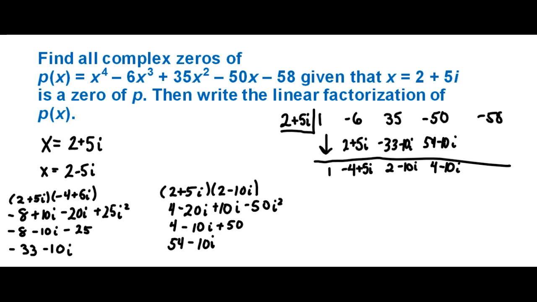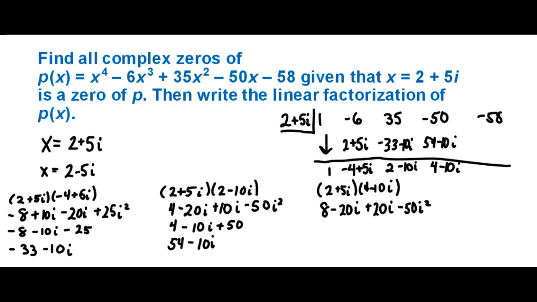And finally, I'm going to FOIL these, hopefully for the last time. 2 plus 5i and 4 minus 10i. I have 8. The outer is minus 20i. The inner is plus 20i. And then the last is minus 50i squared.